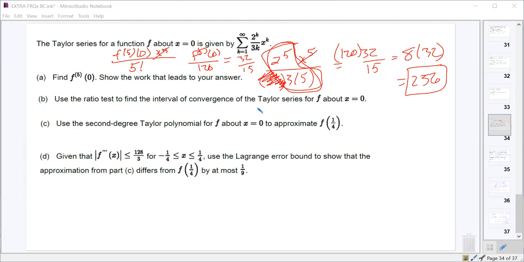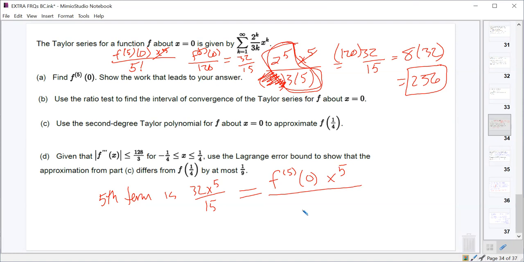Yes, the fifth term is 32. So I'm going to write down here, the fifth term is 32 x to the fifth over 15, right? That's what the fifth term is. The fifth term is found by taking the fifth derivative at 0. This is how we find the Taylor polynomial, the Taylor series, right?